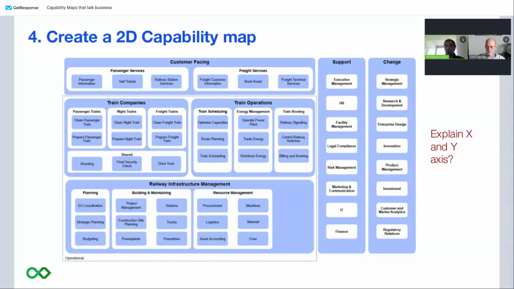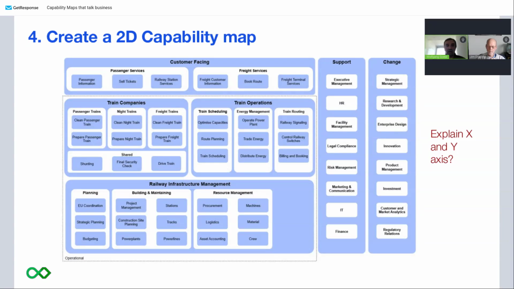And below that, ask yourself which capabilities are needed for operations for delivering those customer-facing capabilities. In that case, we must have passenger trains, night trains, freight trains, train operations. You do the train scheduling, energy management, and so on. And the big question here is how to structure it.